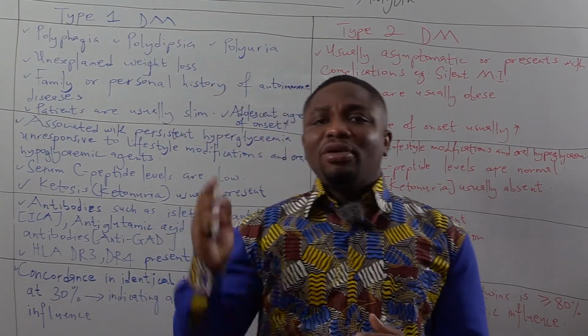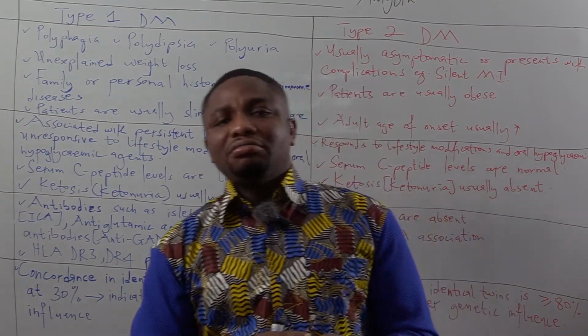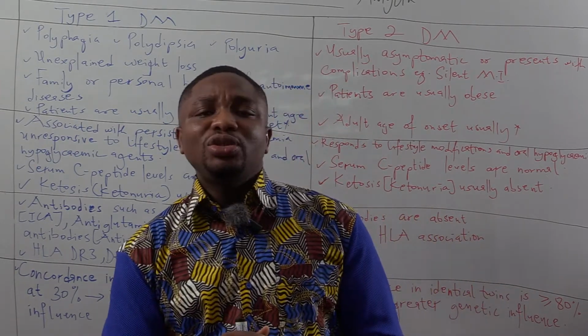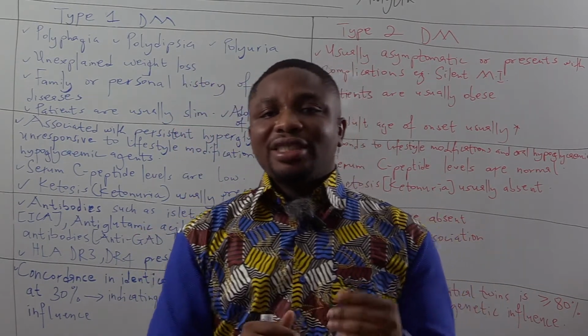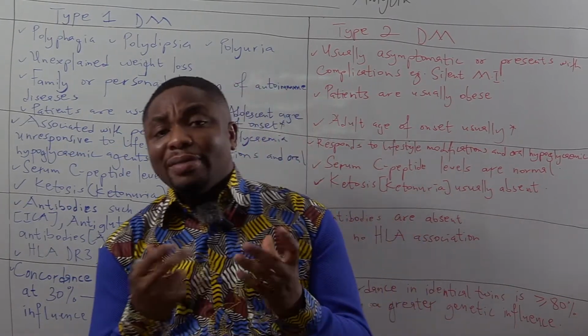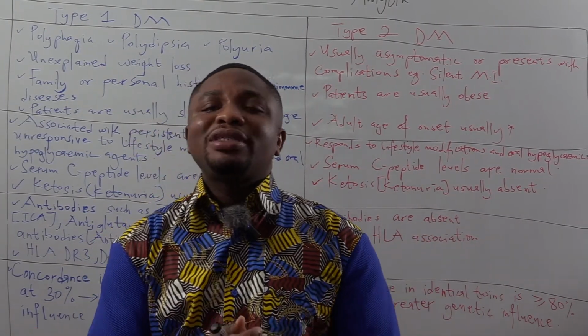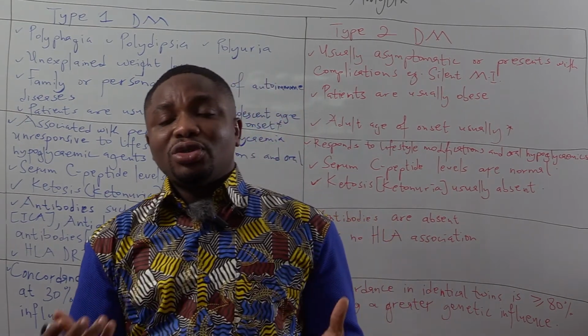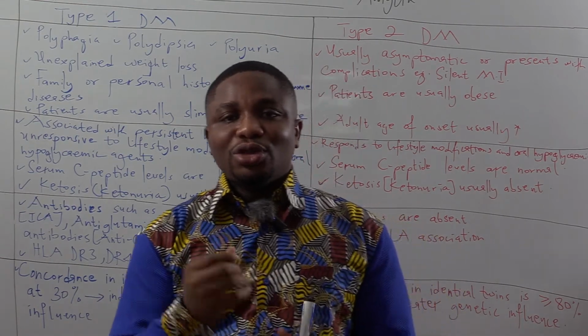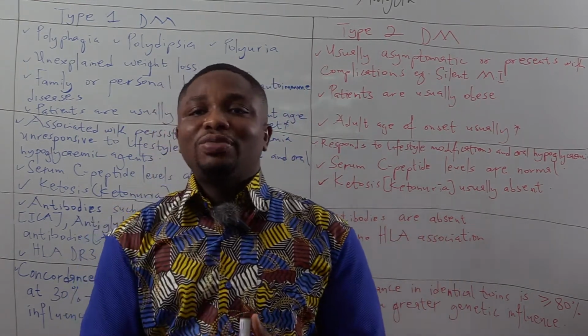With regards to the polyuria and polydipsia, we will say that both of them are due to osmotic diuresis. And what do we mean by osmotic diuresis? Then we should ask, in diabetes mellitus in general, what happens? You realize that the plasma glucose or serum glucose levels are high. And you should know that glucose has a high osmotic potential.